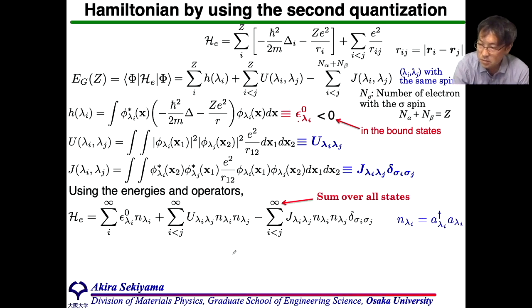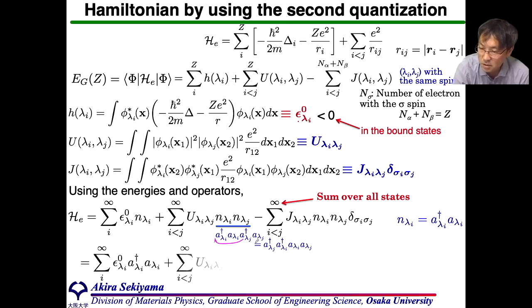Then when we remind ourselves that the occupation number is defined as this formula, by using the annihilation and creation operators, this one is the same as this one, and if we change the order in order to keep the sign, this operator should go through an even number of times, then this one is equivalent to this one.